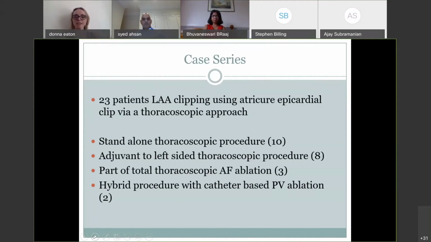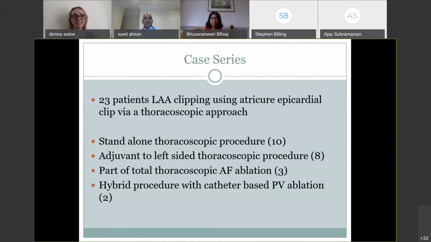So they'll have their catheter-based ablation, and then under the same anaesthetic, they'll come into theatre and have their left atrial appendage clip applied. Those patients now total 5 and are probably the slowest growing group. So most of them now are either standalone or they're having it as part of their left-sided thoracoscopic procedure.